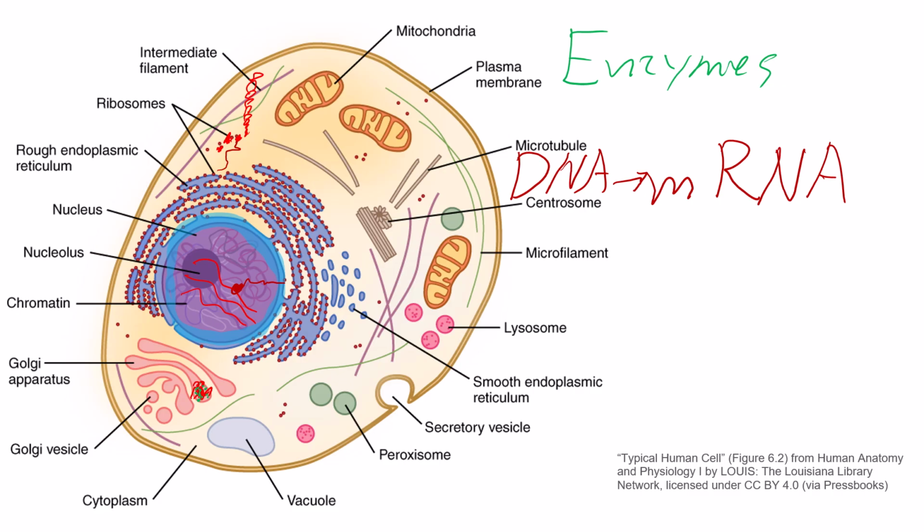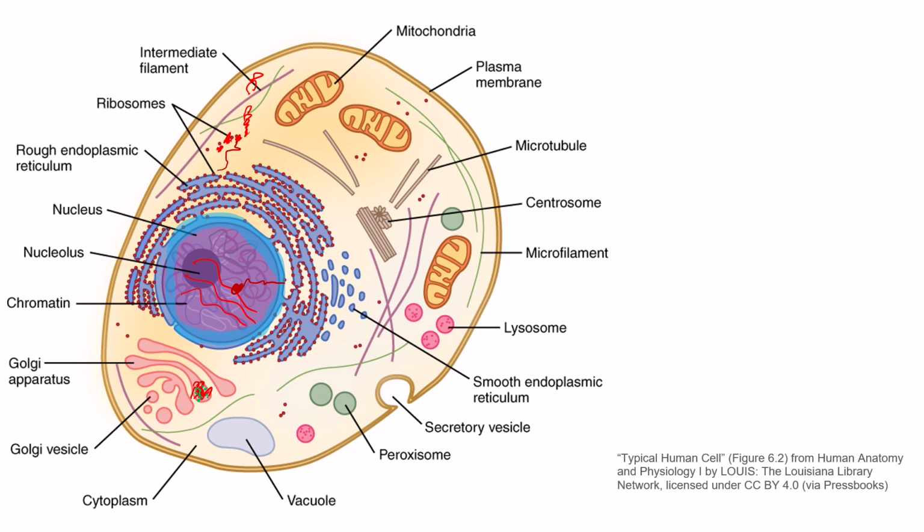Then we talked about cellular respiration. Cellular respiration is how your body takes nutrients like sugars and fats, and turns them into energy that it can use.